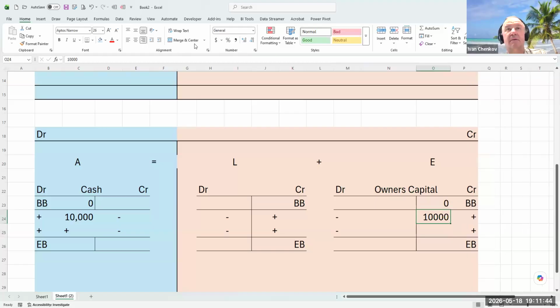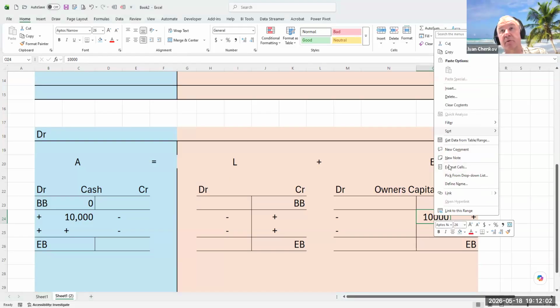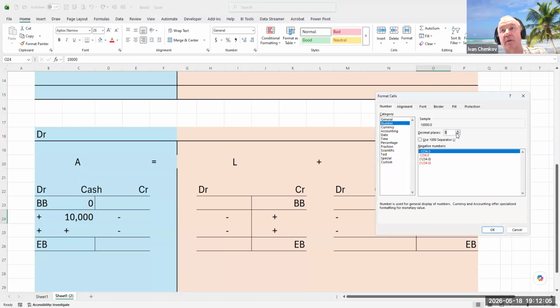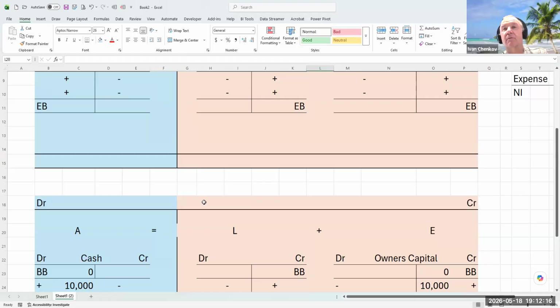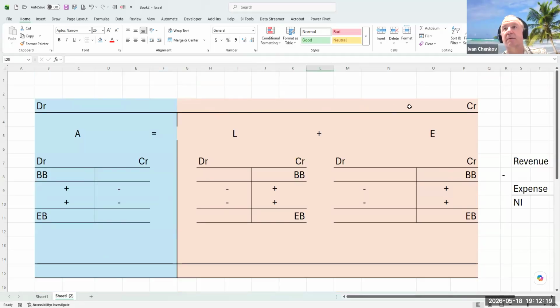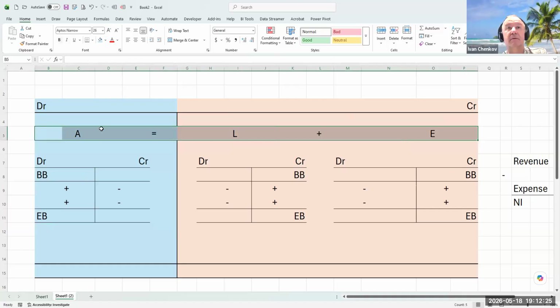And now my asset is equal to my liability plus equity, and also debit is equal to credit. If you follow those simple principles, debit always equal to credit, and asset equal to liability and equity, you're never going to make a mistake. So that's the account with the chart of accounts and the accounting numbers and the asset equal to liability and equity equation.